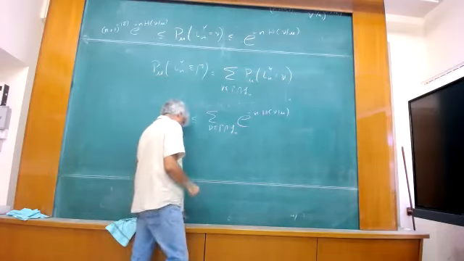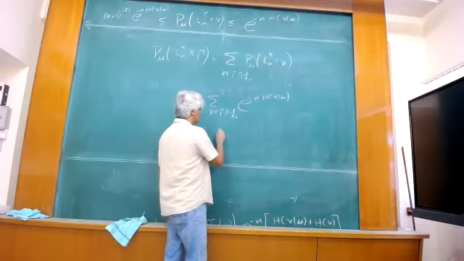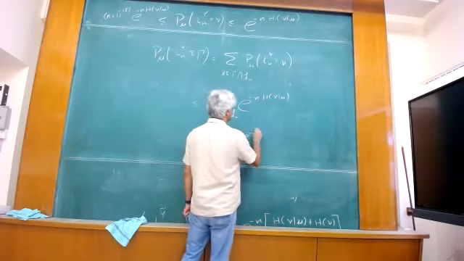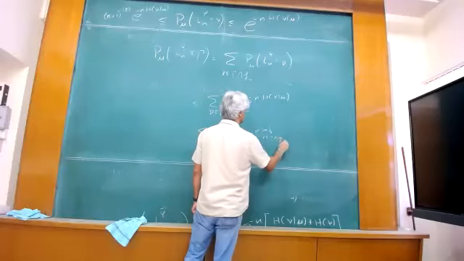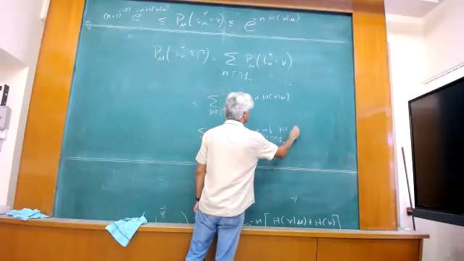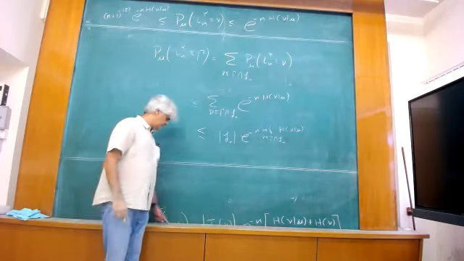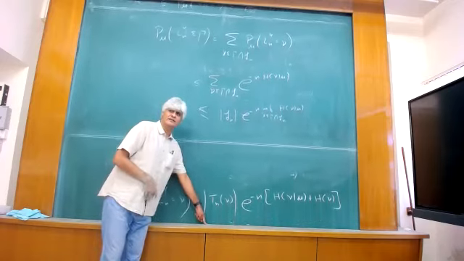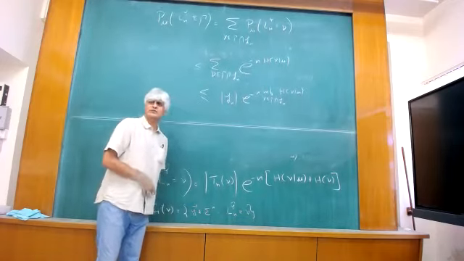That's further upper bounded by the cardinality of ln times e to the power minus n times the infimum over nu in gamma intersection ln of h nu. Everything I'm adding is not changing the exponent, so I can do these things.